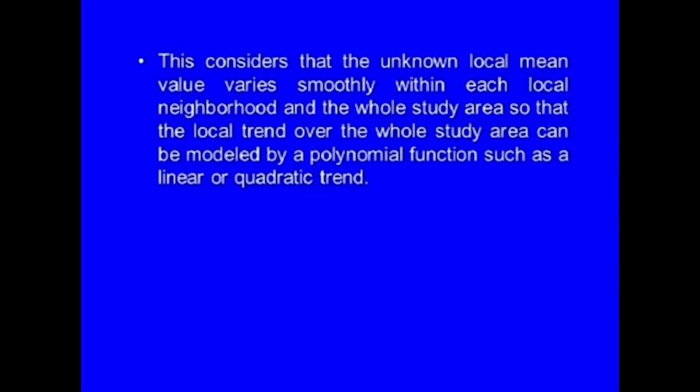This considers that the unknown local mean value varies smoothly within each local neighborhood and the whole study area, so that the local trend over the whole study area can be modeled by a polynomial function such as a linear or quadratic trend.